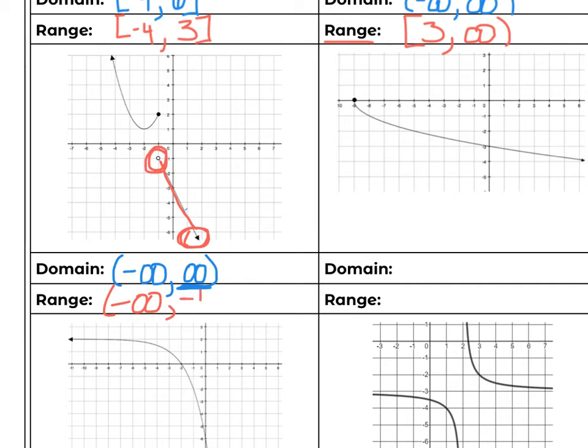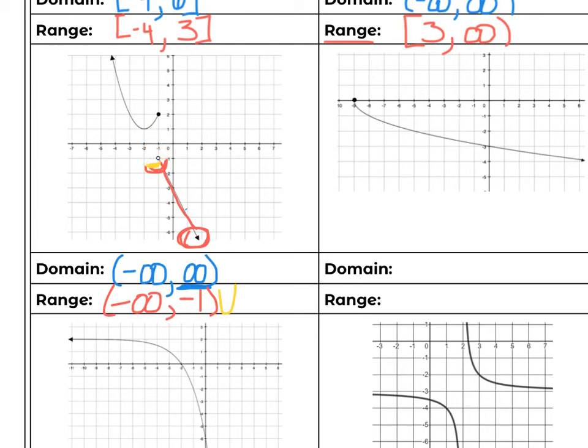And that -1 is a hole or an open circle, which means it's a parentheses. Now I'm going to have two pieces for my range, because if I look moving from the bottom to the top, I have a gap. Do you see how I have a gap right here in my function where I don't have any y values? So we're going to put a U for union.